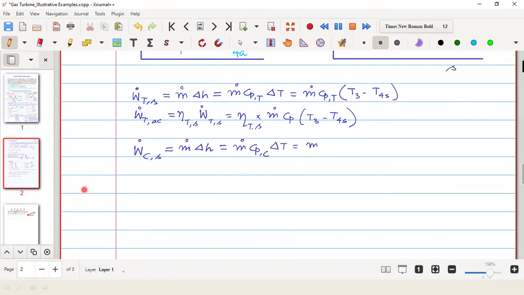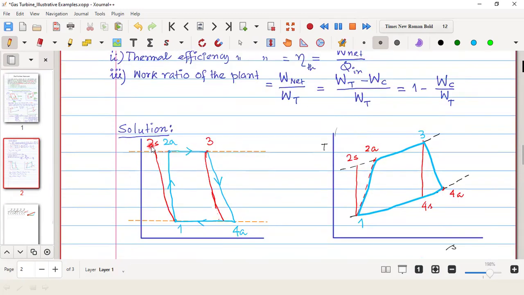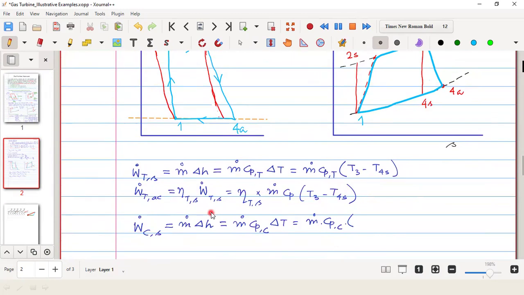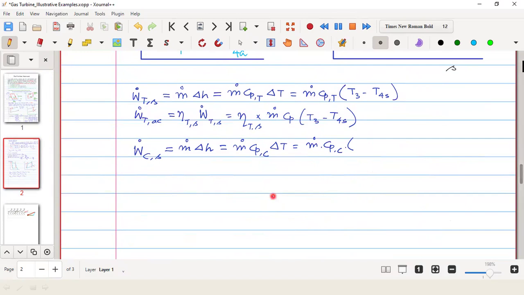What is the delta T? Delta T is T2s minus T1.